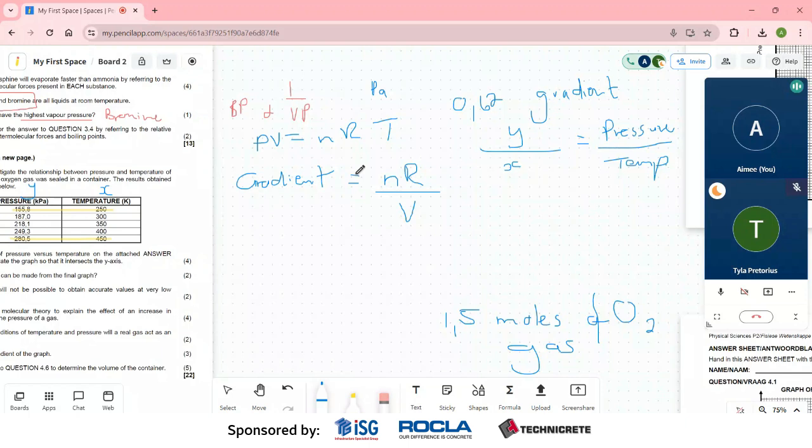Which means we need to multiply 0.62 times 1,000, because to convert from kilopascals to pascals, you multiply by 1,000.